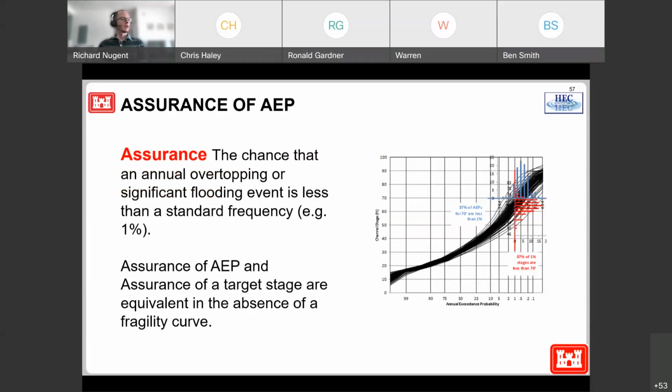So the assurance of AEP, in other words, the fraction of AEPs that are less than an AEP of interest, is actually going to be equal to the assurance of a target stage as long as we're not using a levee fragility function. If we are, then these things are going to be different.